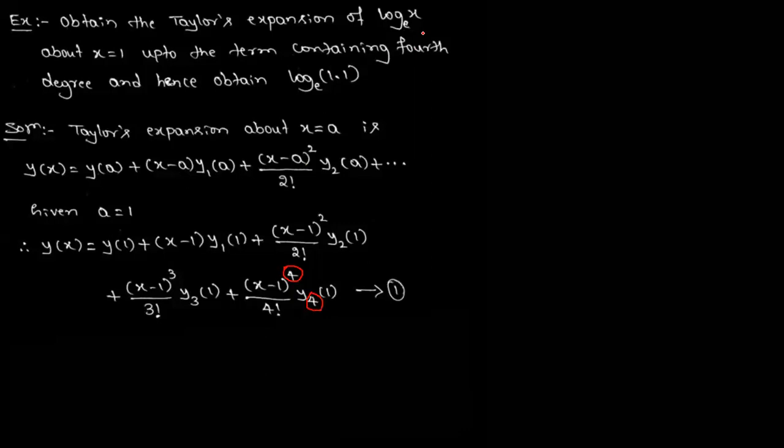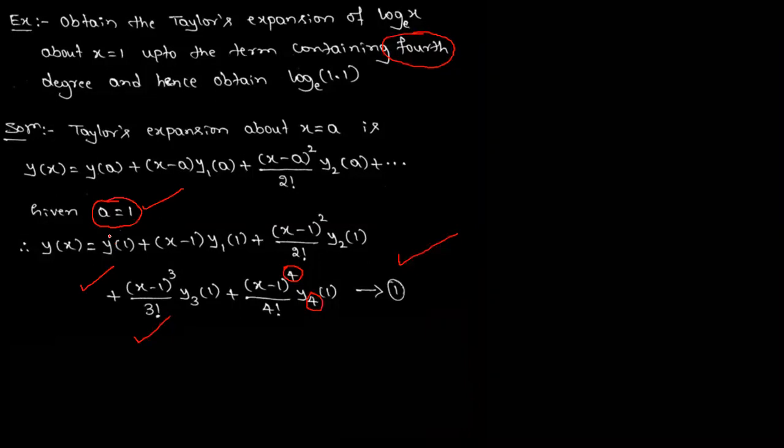If they mention third degree instead of fourth, then we have to expand till here. So this is how we have written the Taylor series for a is equal to 1.